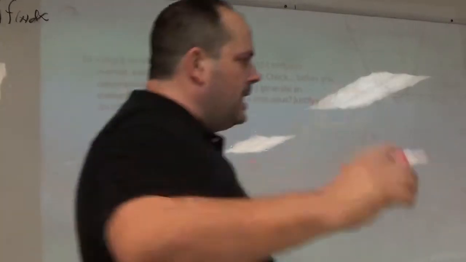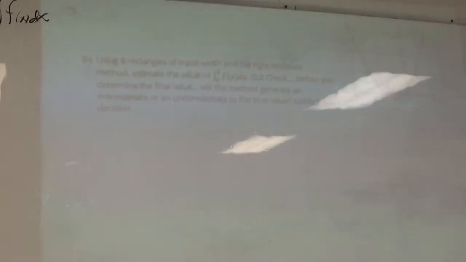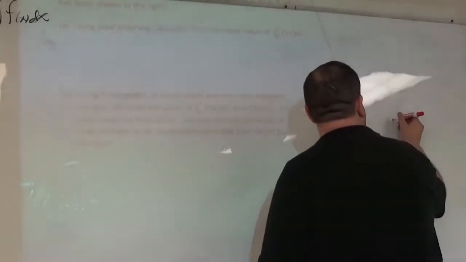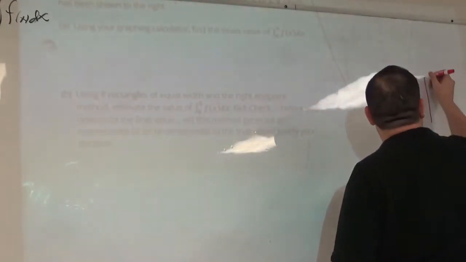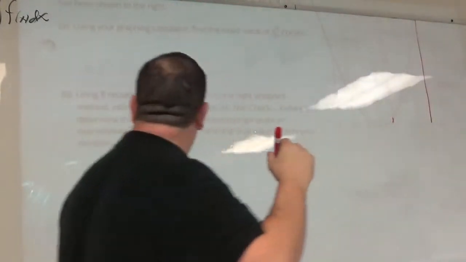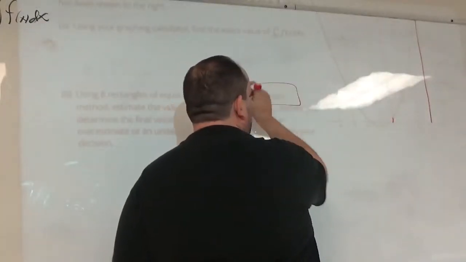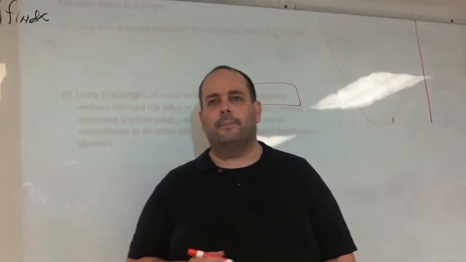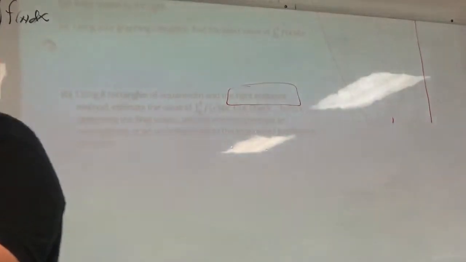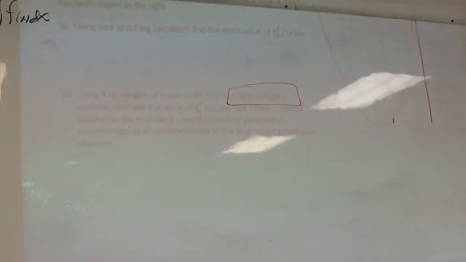If you look at this graph, on the interval 0 to 3, use the right endpoint method. Overestimate or underestimate? Imagine those rectangles.